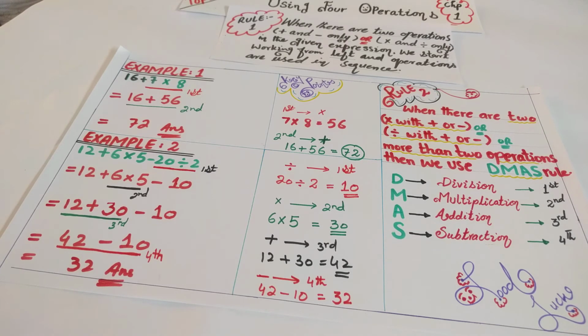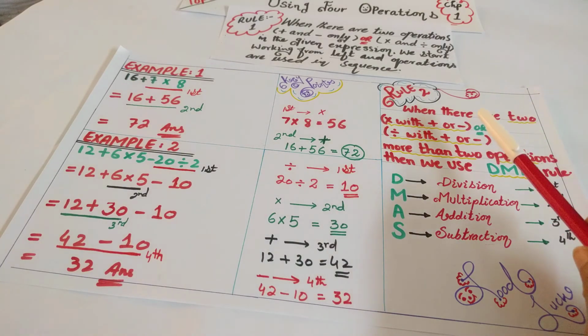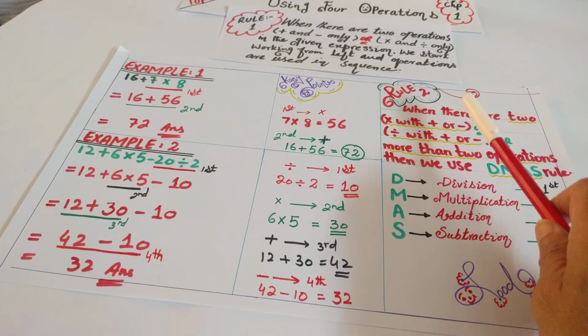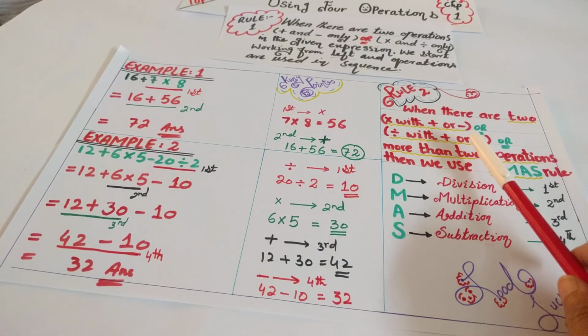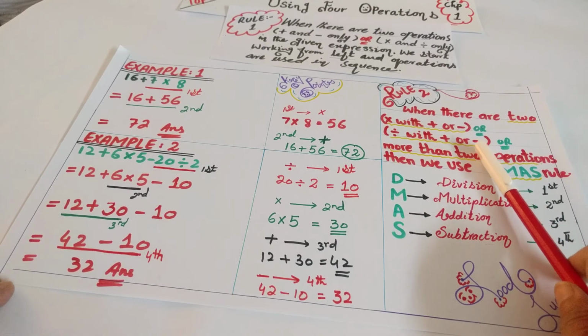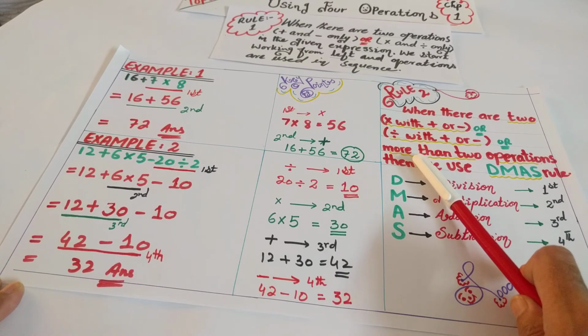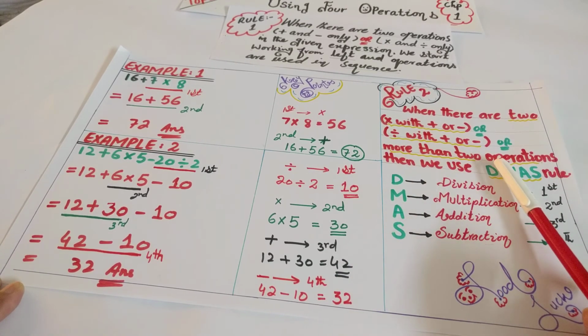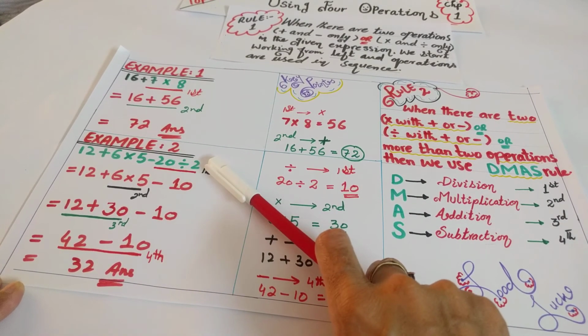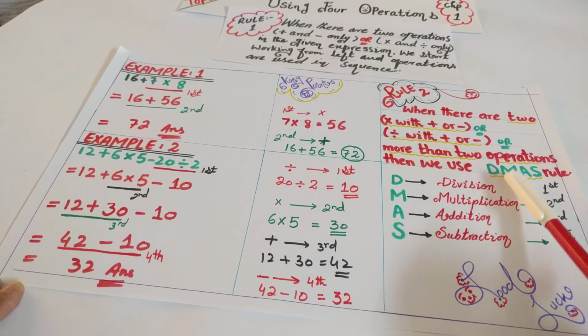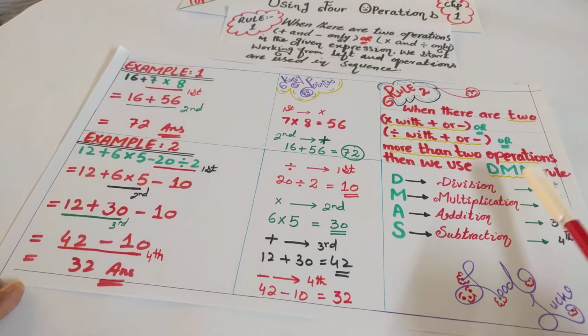Rule number 2, but there are two conditions in rule number 2. First condition is when there are two operations, multiplication with addition or subtraction in your given expression, or division with addition or subtraction, then you will apply the DMAS rule. And second condition is if more than two operations are in your expression, like example number 2, then again you will apply the DMAS rule.